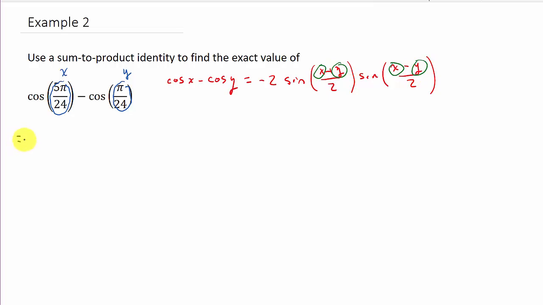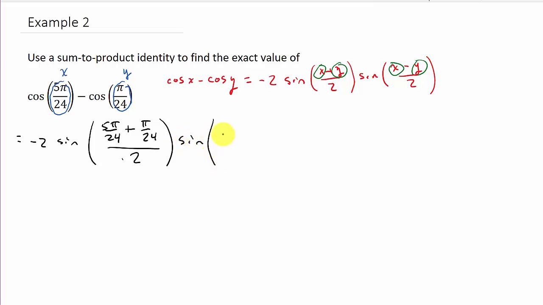This is going to be negative 2 sine, and for x plus y, that's 5 pi over 24 plus pi over 24, all over 2, and then sine of 5 pi over 24 minus pi over 24, all over 2.